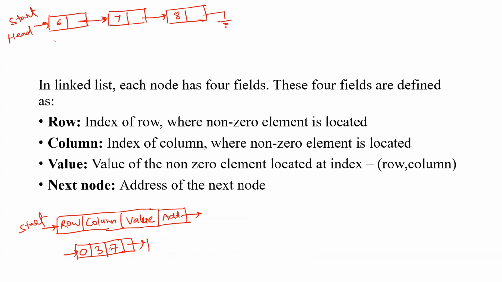So in this way, we can represent all the non-zero elements using the linked list form. So in these two ways, we have represented the sparse matrices. Sparse matrices can be represented in other ways also, but these two are the most important ways in which we can represent the values.